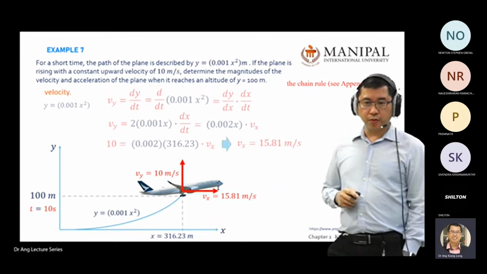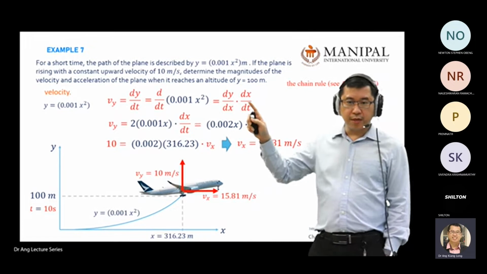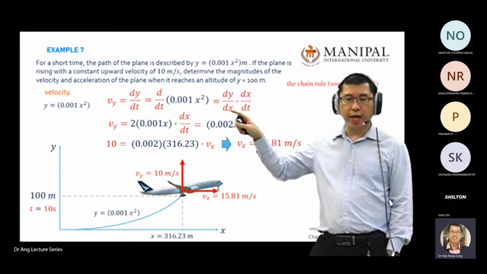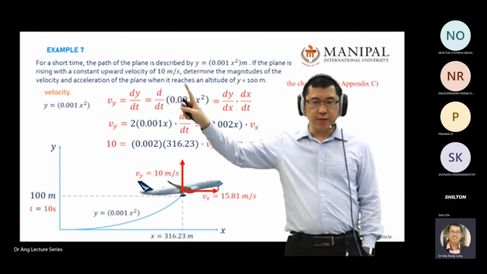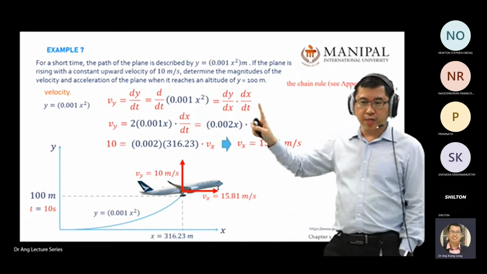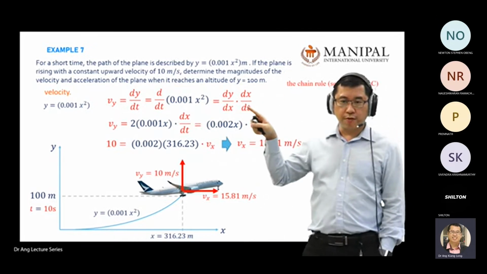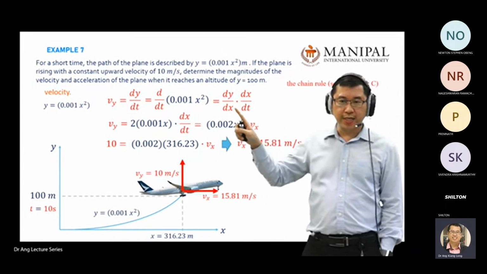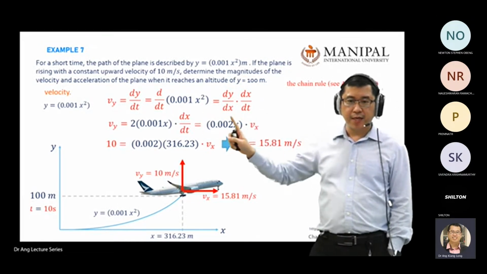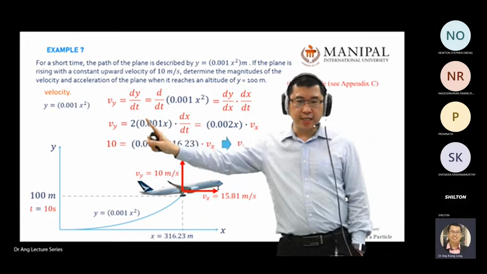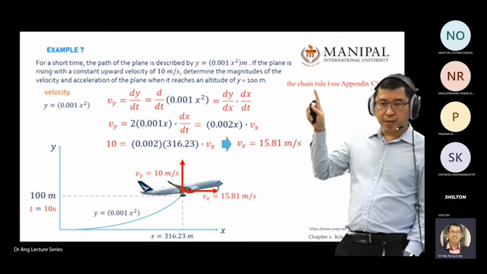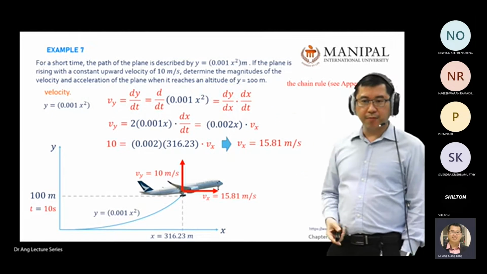This is the catchy part, the part that maybe you forget, and it may be something new for you today. We use the chain rule, dy/dx multiplied by dx/dt, which is basically the same as dy/dt. This is where what you learn in mathematics, you apply in this module.